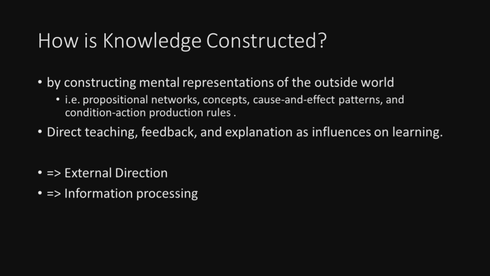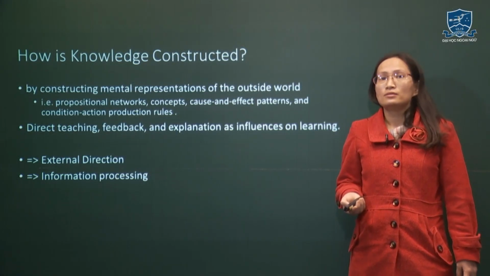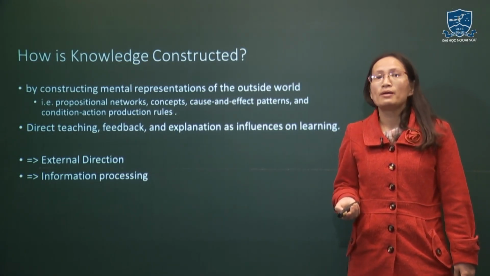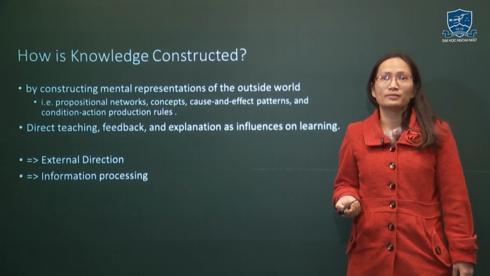The question: how is knowledge constructed? Actually, there is no single theory of constructivism. There are different versions of constructivism instead. We can think of individual constructivism, social constructivism, radical constructivism.